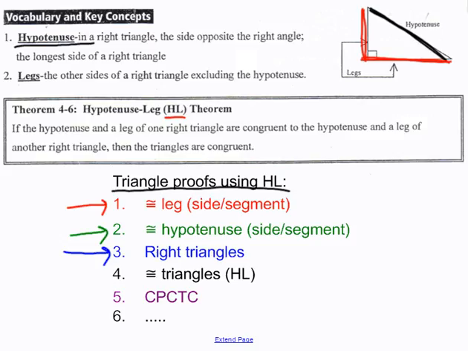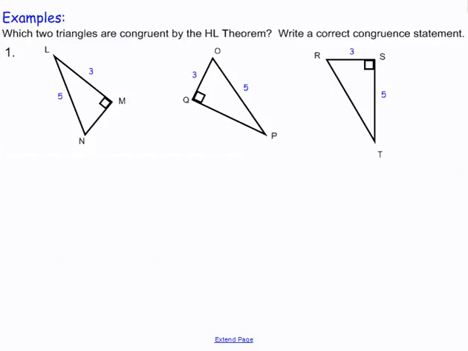HL is different. You need 2 congruent parts, specifically the leg and hypotenuse of the right triangle, and you need to write in your proof that they're right triangles for them to be proven. So I'm going to do some examples, to get you used to it. This one we're going to skip, so don't worry about that one.